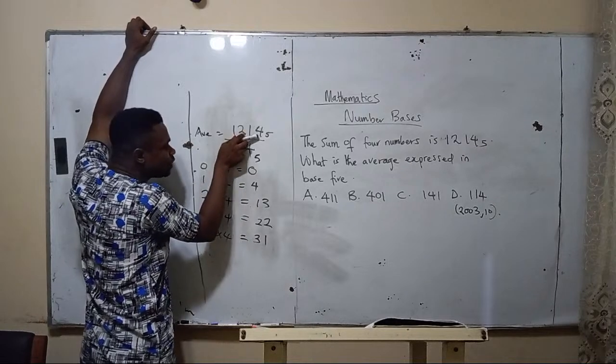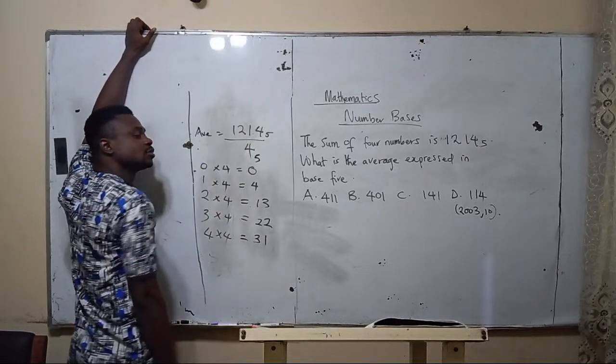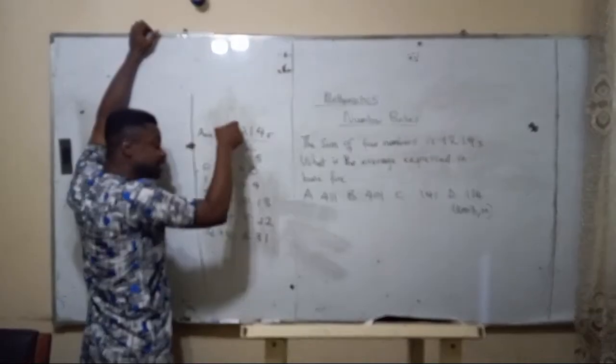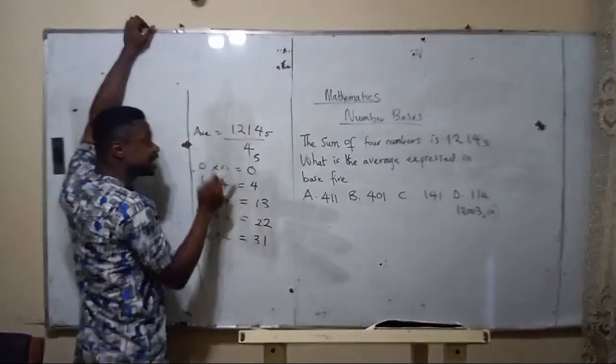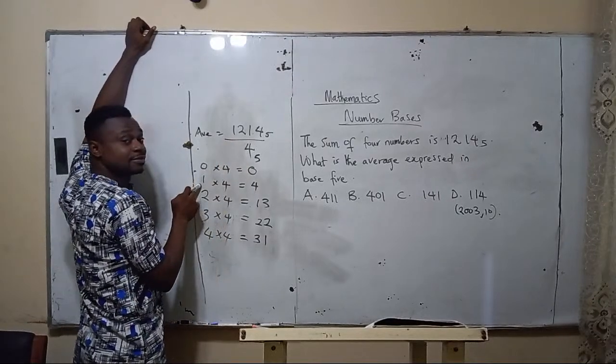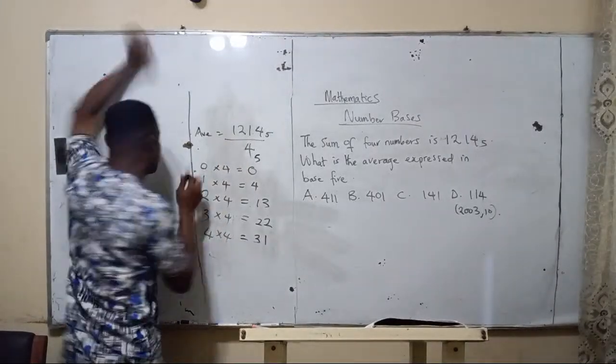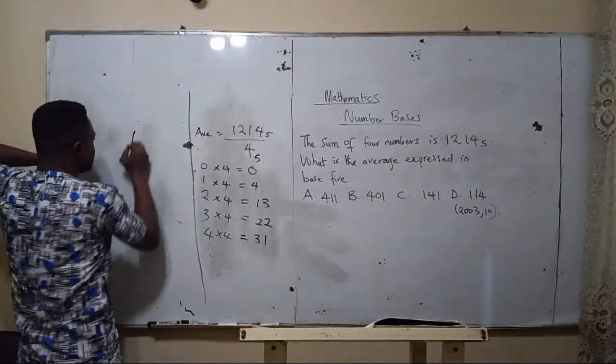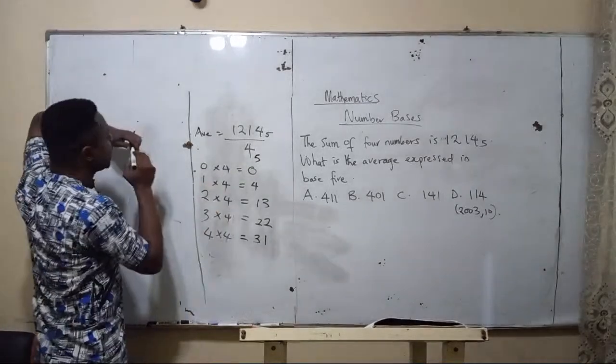But what we're dividing is 1 2. So that means there should be a remainder. If you divide 1 2 by 4, you have 1, and there will be a remainder. How do we not get a remainder?